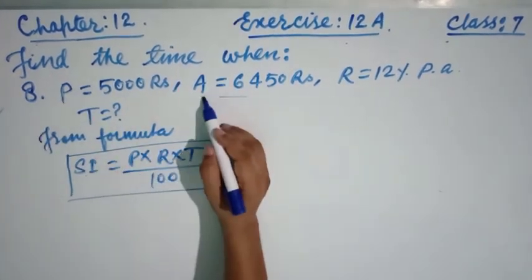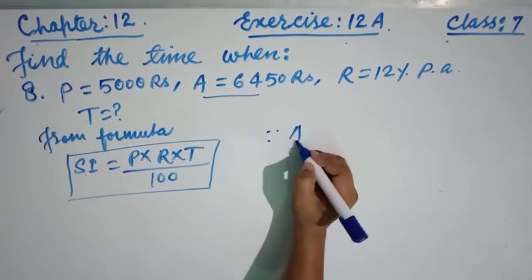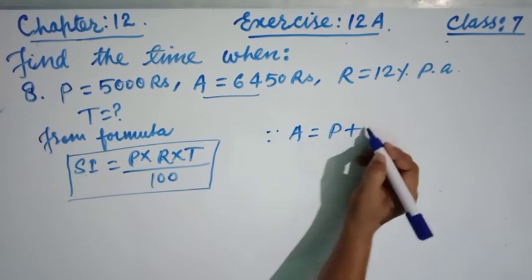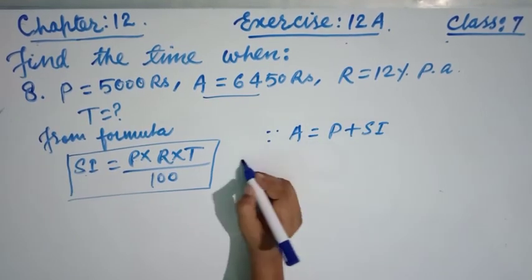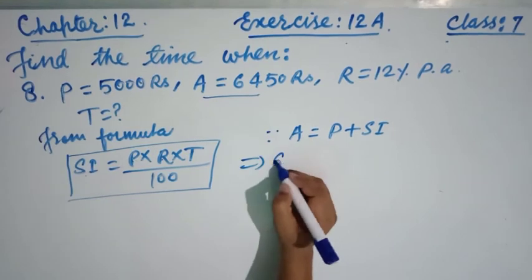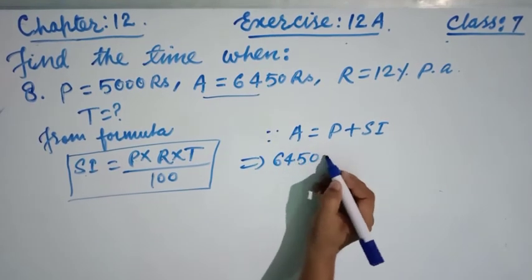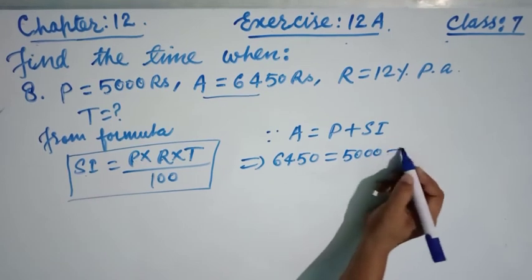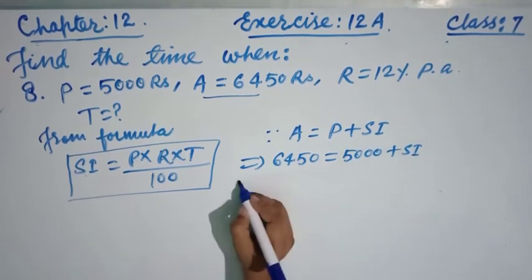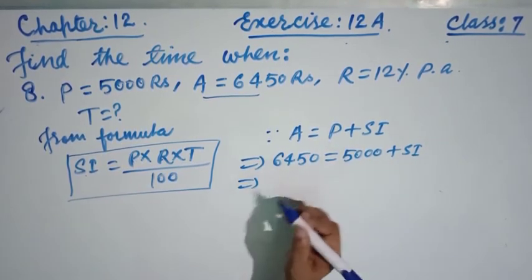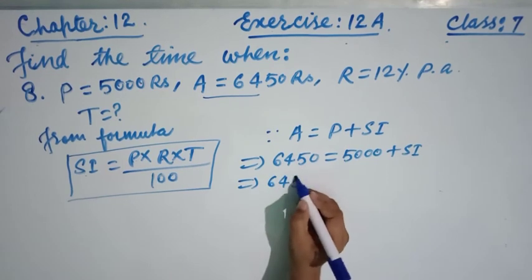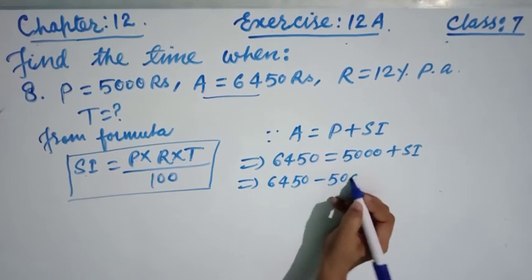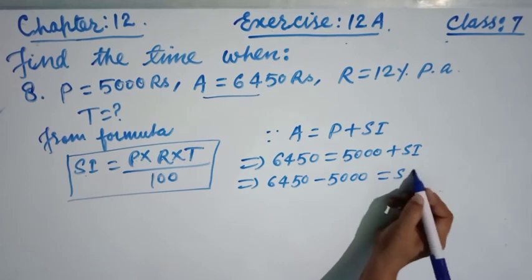So from here, friends, A is equal to what? P plus SI, from the formula. The value of A is given, 6450, the value of P is given, 5000, plus SI as it is. Now bring this 5000 to the left hand side with a negative sign, minus 5000, and the right hand side is as it is, SI.